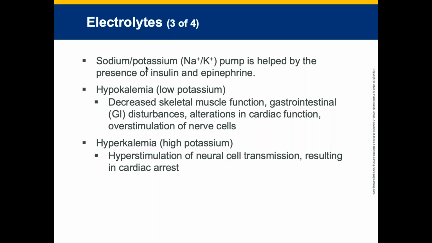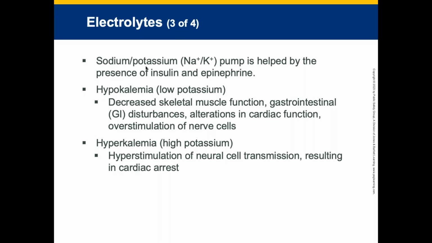So hypokalemia is low potassium, can result in decreased skeletal muscle function, gastrointestinal disturbances, and alterations in cardiac function. On an EKG, this is kind of a side note, which we're going to cover later on a 12 lead, the T waves will be flat. That would indicate a patient has low potassium.